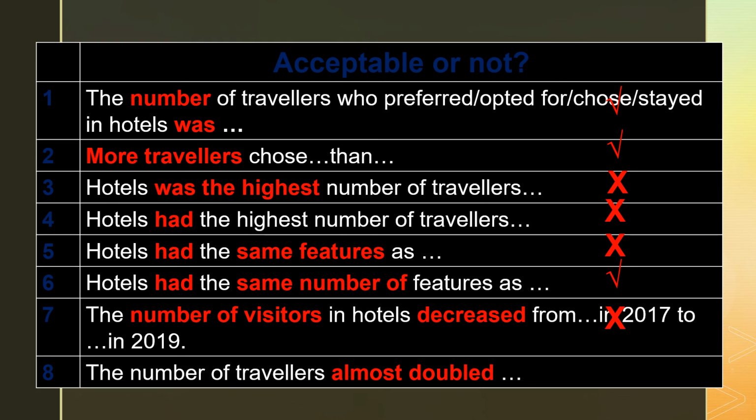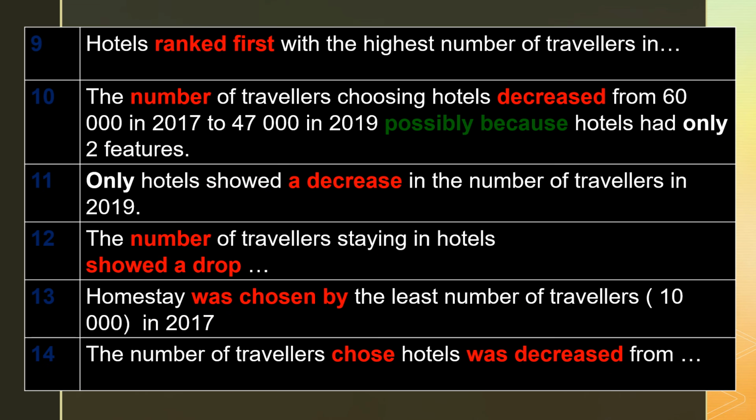What about number 7? Why is it wrong? Almost double, almost showing the possibility, since the data is given, this one is inaccurate. Now, another one.